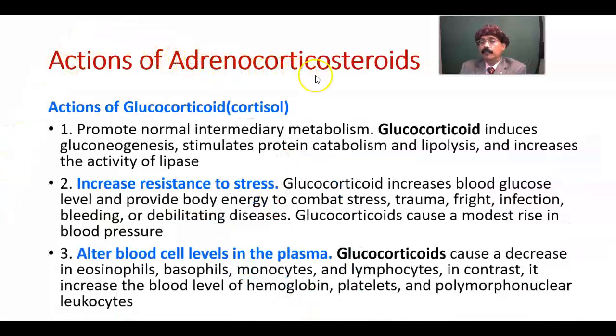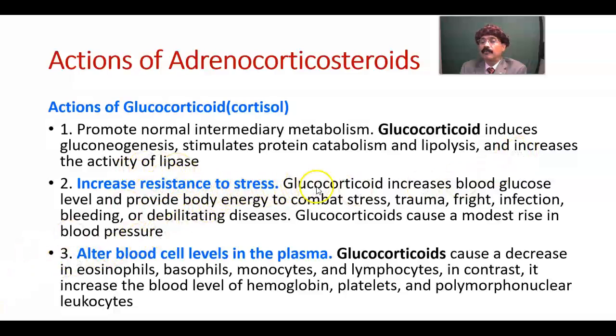Actions of glucocorticoid: they promote normal intermediary metabolism. Glucocorticoid induces gluconeogenesis, that is, formation of glucose from sources other than carbohydrate, like amino acids. It stimulates protein catabolism and lipolysis, and increases the activity of lipids.